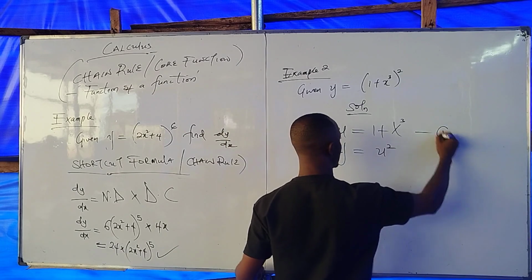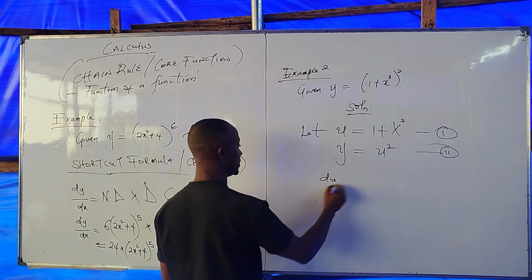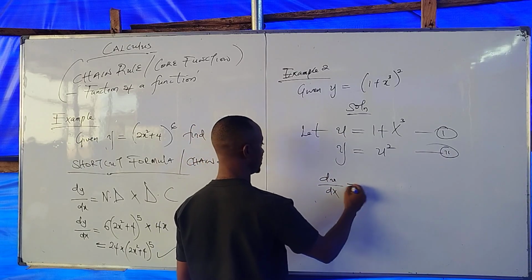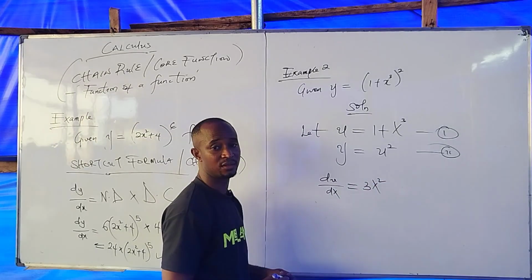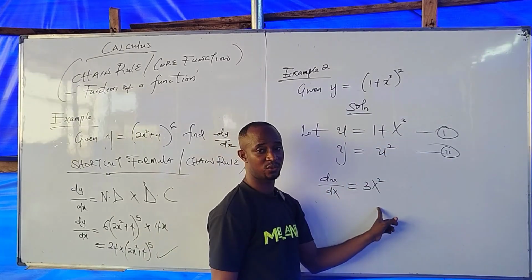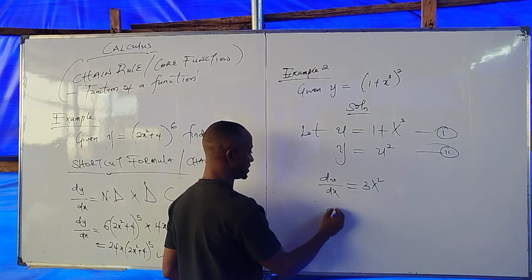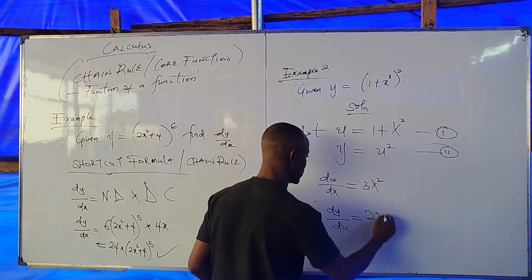So I will differentiate the two equations. We have du/dx giving us 3x squared. Hope you are aware that when you differentiate 1 it is 0, and differentiating x cubed you have 3x squared. Let's differentiate y with respect to u. What do you have? 2u.